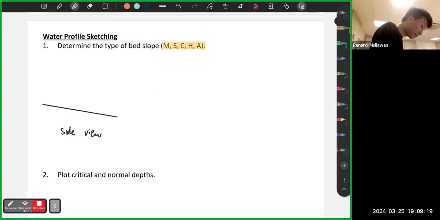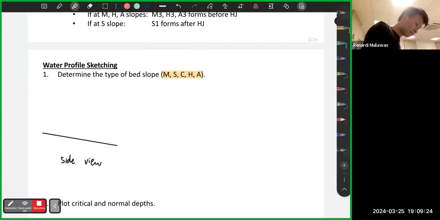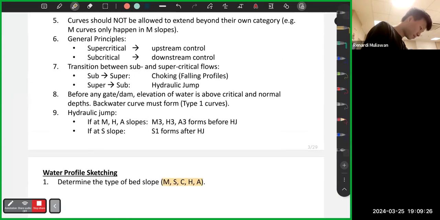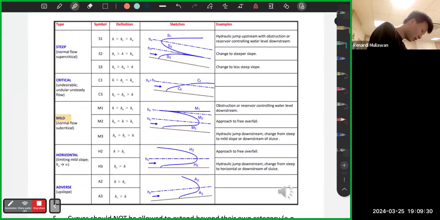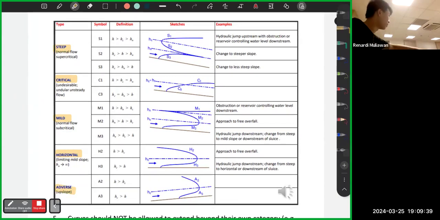There are 5 types: M, S, C, H, and A. These correspond to mild, steep, critical, horizontal, and adverse slope. From the names themselves you can roughly understand. A mild slope means the water is, quote unquote, slow. For a steep slope, the water is very fast.